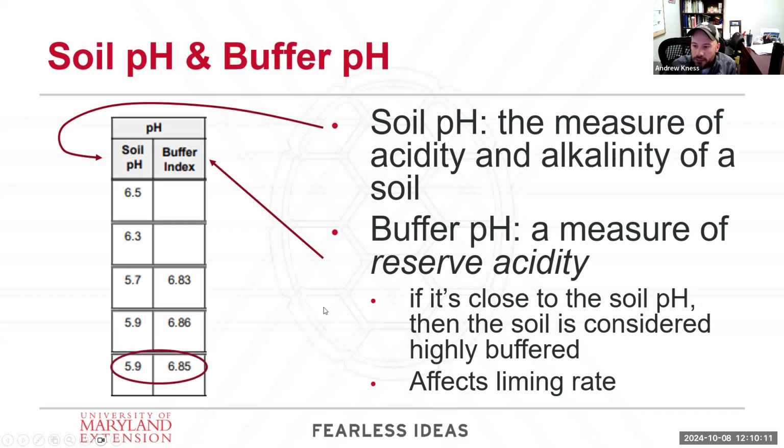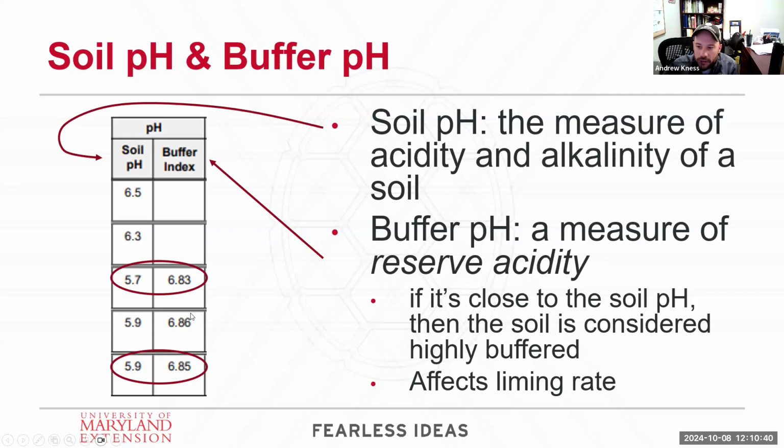So if we look at these two soil samples that I circled here, remember I said if the buffer index number is closer to the actual soil pH number, that means it's more buffered than if there's a greater difference. So in this instance, the soil at the bottom is going to be a little bit more buffered than the soil at the top.